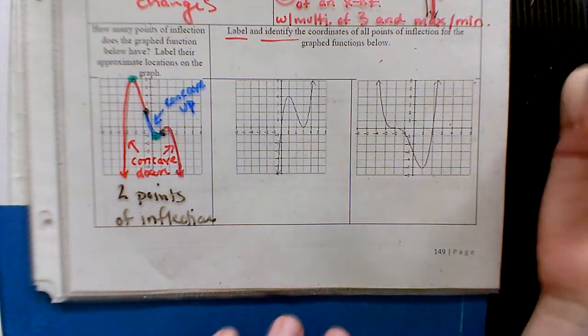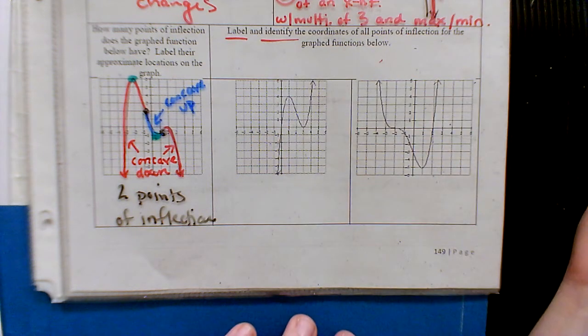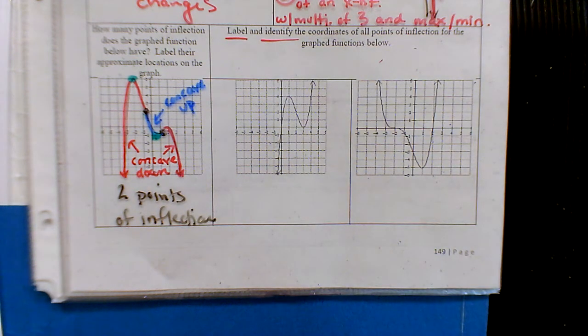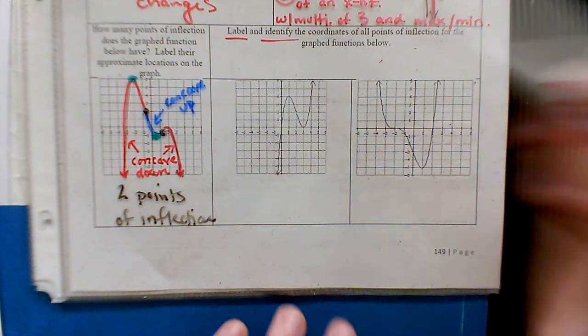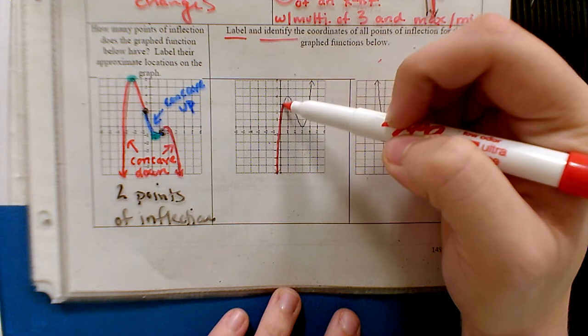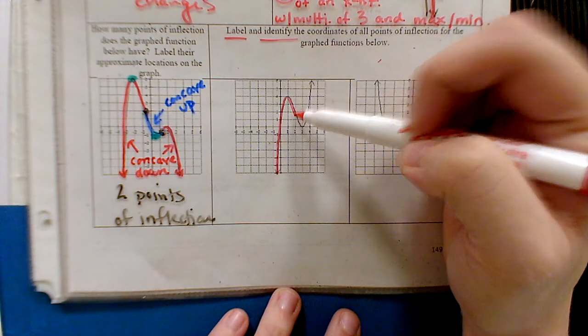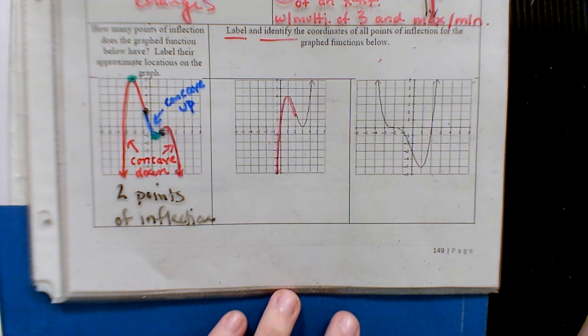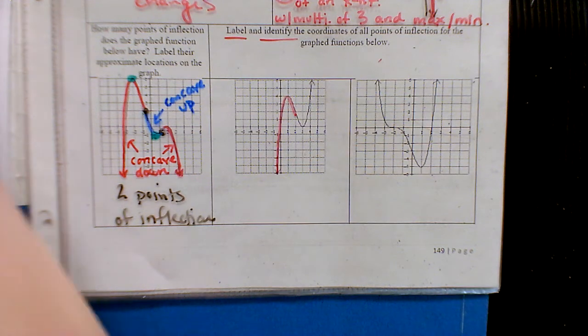So what I want you to first do is maybe trace it with your pencil, okay, and try to locate where the point of inflection might be. If you start to trace it, it initially looks like an upside down parabola. Okay, that's concave down.